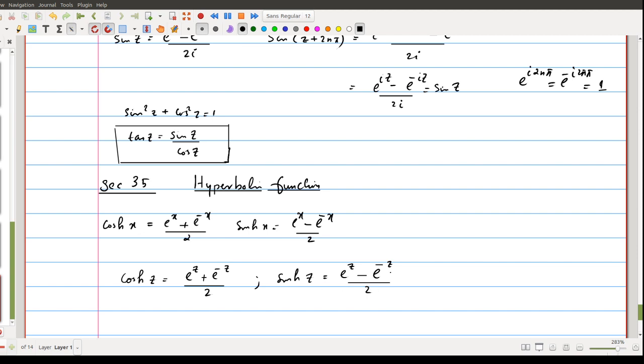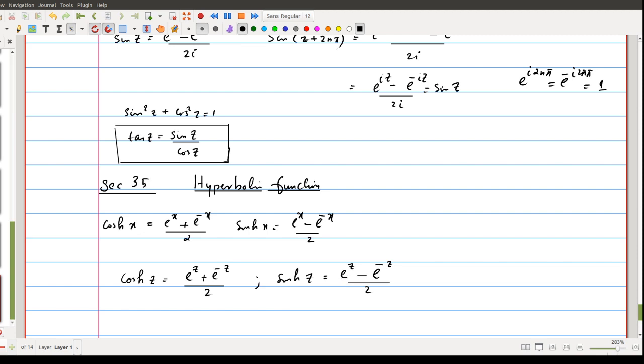Here all the i's are absent. So we define the hyperbolic functions sin hz and cos hz in this manner. Using these two hyperbolic functions, you can easily derive all the formulas discussed in real analysis in complex analysis as well.